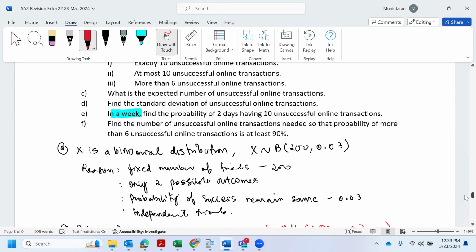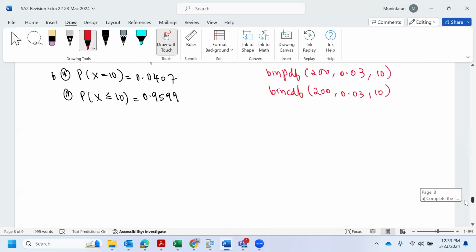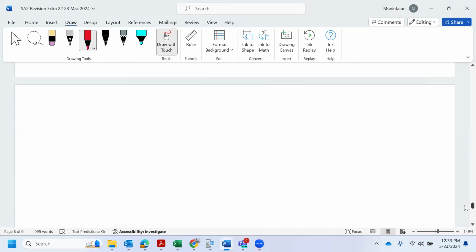So the maths is: probability of X being more than 6 is greater than 0.9, at least, so it's inclusive, right?